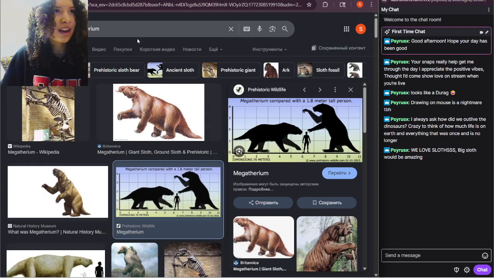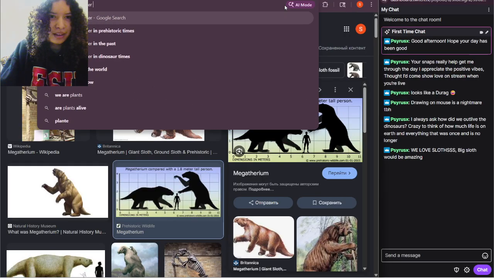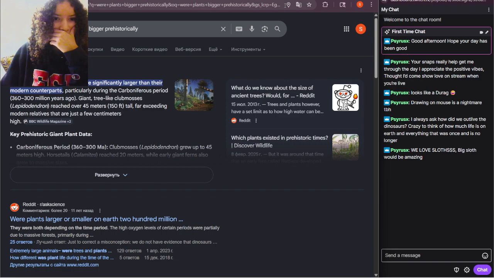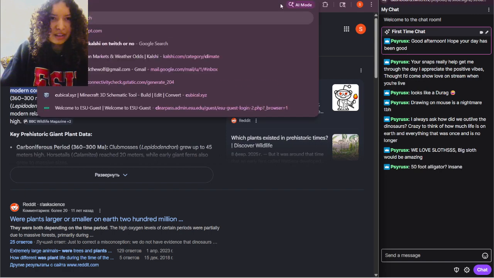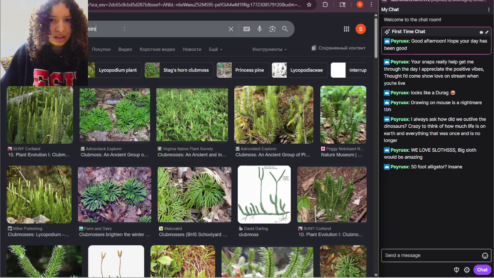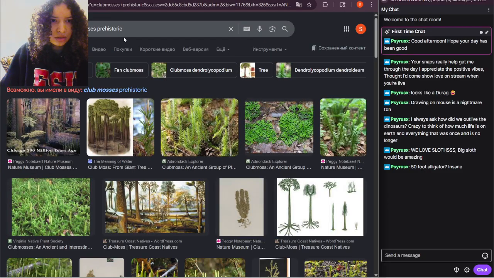I think a lot of things used to be bigger, even the plants. Let me look it up real quick. Were plants bigger prehistorically? Club mosses.